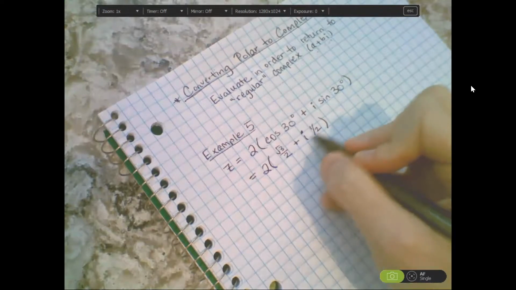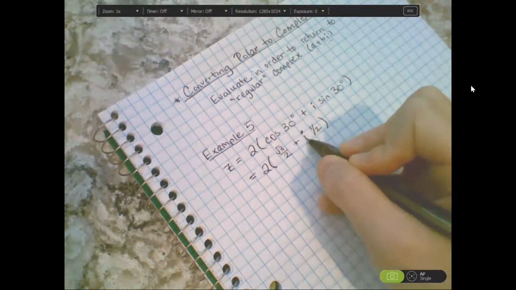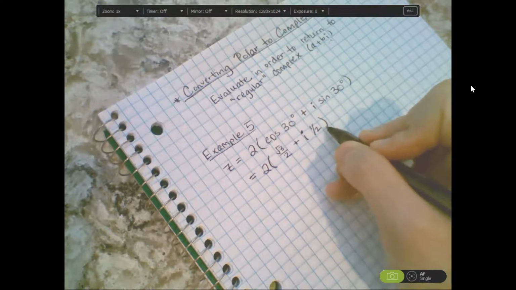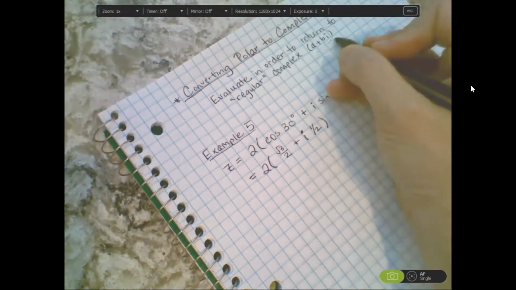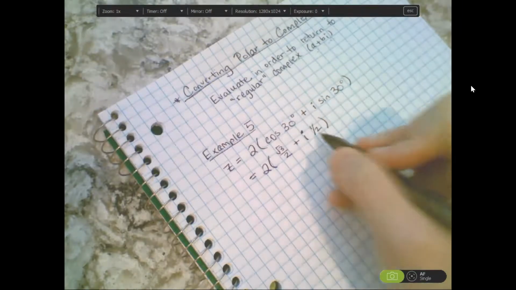So remember these two, this I and this 1/2, they're kind of multiplied together, right? So if you would rather put the I on the other side, you can do that. You can say 1/2 I. That's kind of how we're going to write it at the end anyway, because if you look back up here, usually the I comes at the end, right? So if you want to go ahead and make that switch, you can.